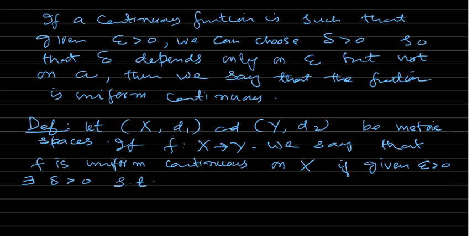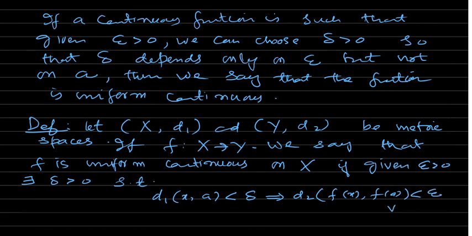But here we are talking about uniform continuity, so we say not at a point, but on the whole space: if given epsilon positive there exists delta positive such that d1 of x and a less than delta implies d2 of their images f of x, f of a less than epsilon, for all a in X. So this delta depends only on epsilon.